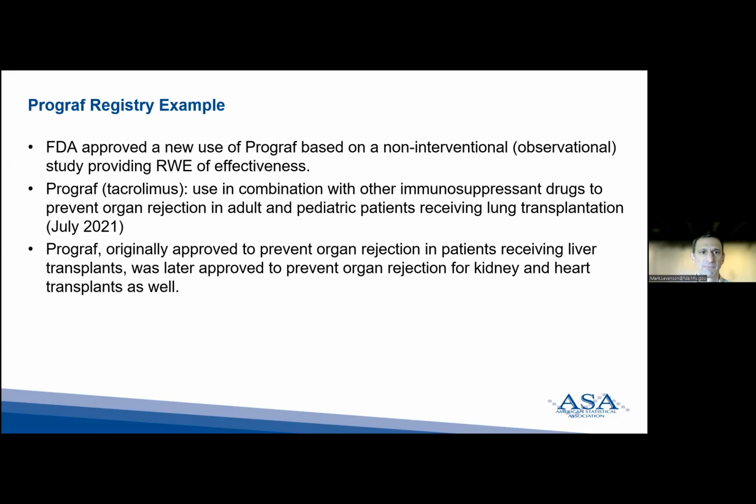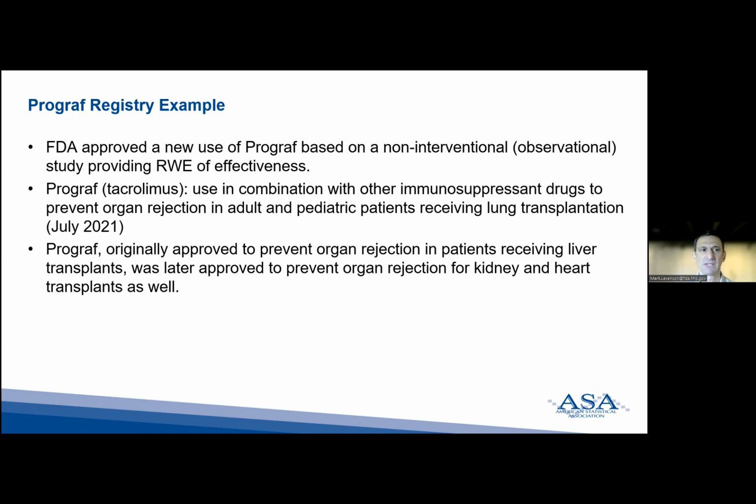FDA approved Prograf based on an observational study of real world evidence of effectiveness. Prograf is a drug used for organ transplant. The new indication was to prevent organ rejection for those receiving lung transplantation. It had been previously approved for other solid organs, including liver, kidney, and heart.